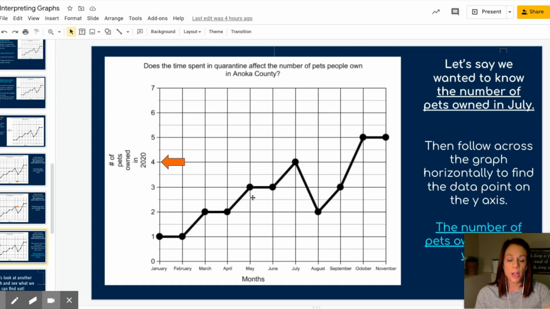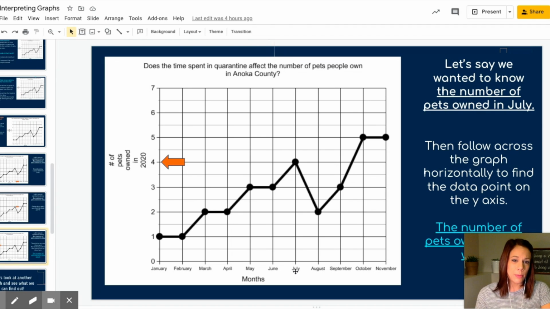So I could possibly make the inference that in July, people were returning their pets that they bought. Do I know that for sure based on the data? No. But I could infer that could be a cause of that decline.